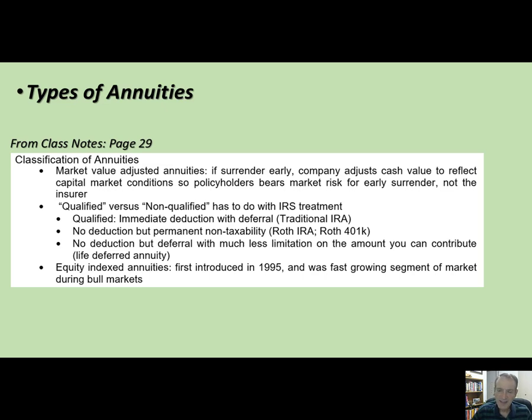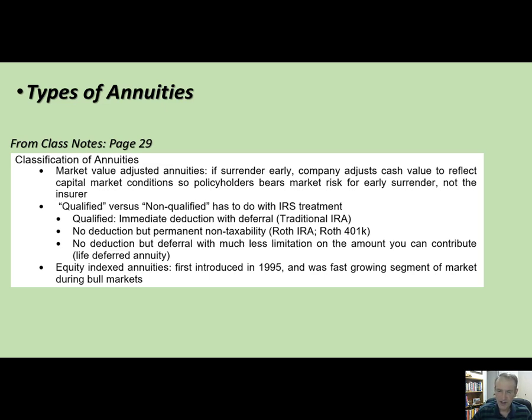What an MVA does is says, okay, if you want to surrender early, that's fine. However, we have this index that says, hey, if interest rates have risen this much, we get to take a huge surrender penalty off of your money. So essentially, they take away all the advantages of taking money out of the life insurance company and moving it to a bank. And you can see why rating agencies would really like that.